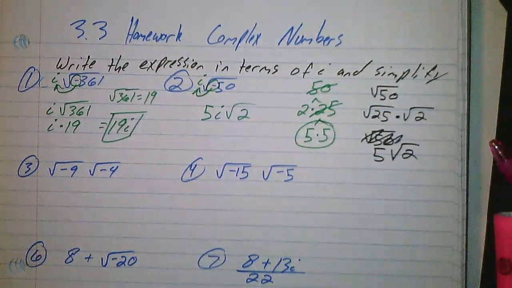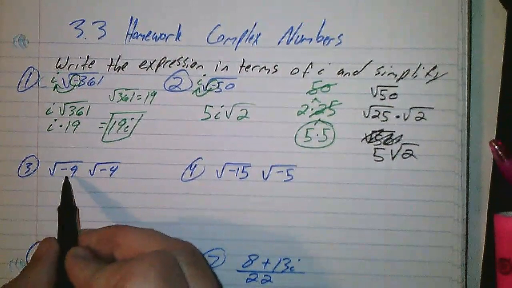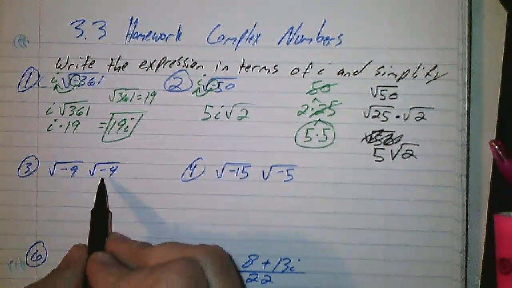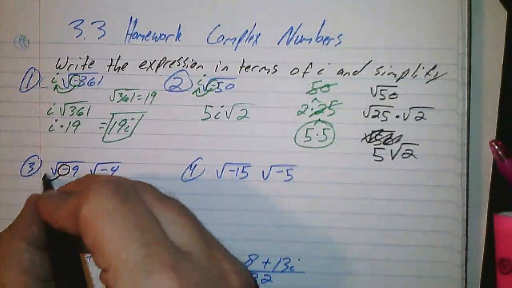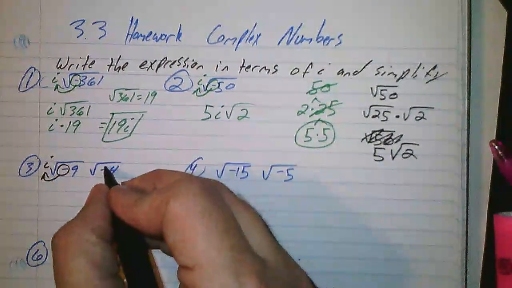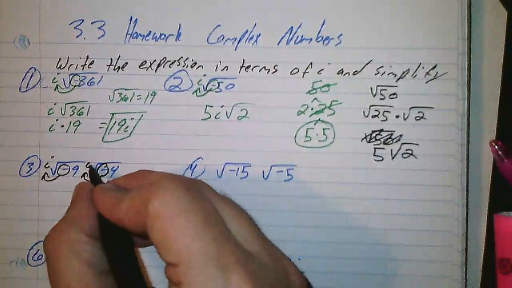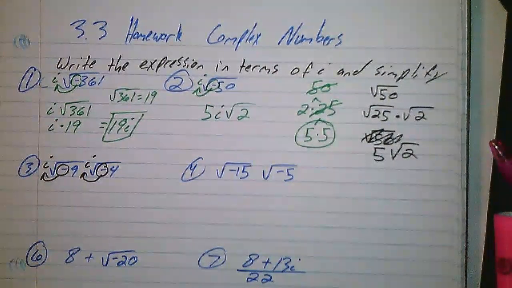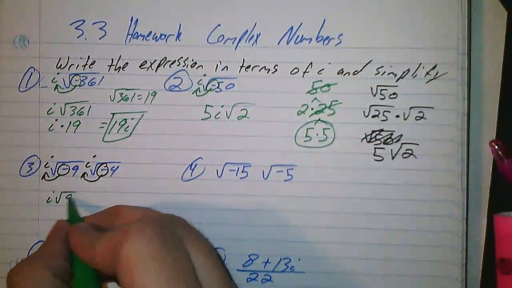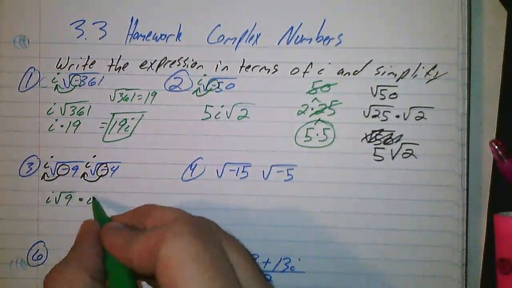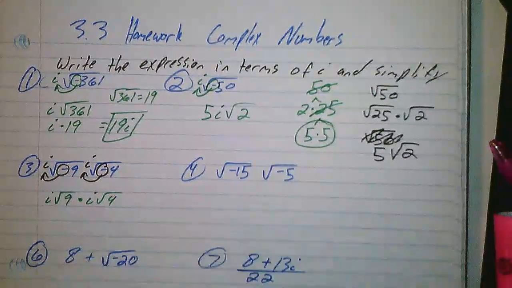But there's no such thing as the square root of negative 9 or negative 4, because we are in the land of imaginary numbers. So if we pull out i, we have i root 9 times i root 4.